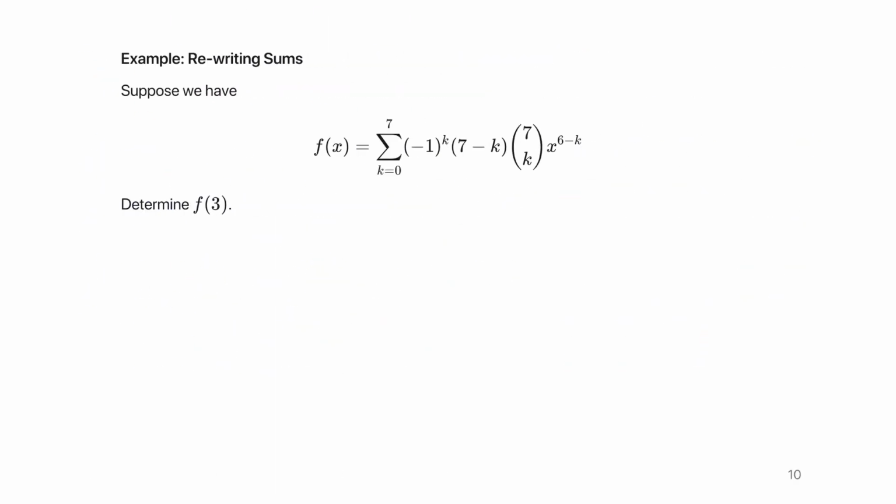Great. So this is what I want to have you work on again amongst yourselves for a couple minutes. Suppose we have this function that is of this odd form. Determine f of 3.